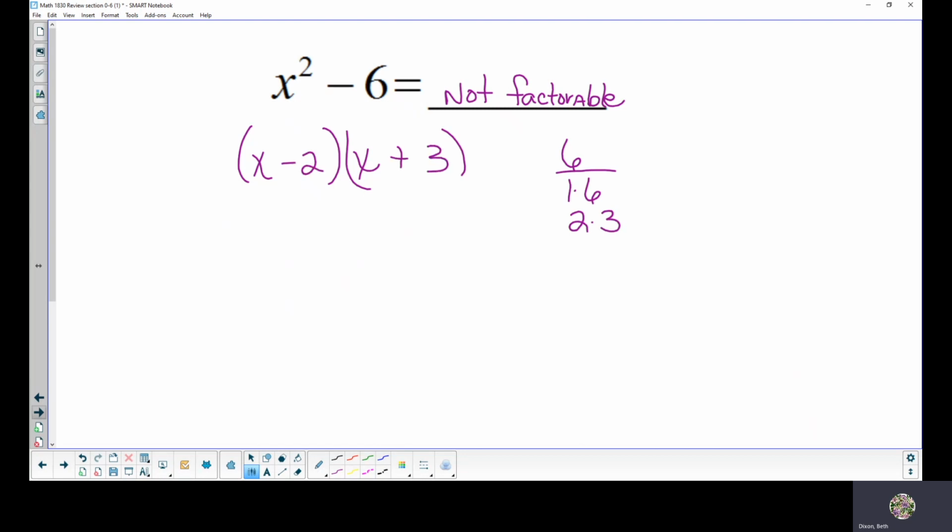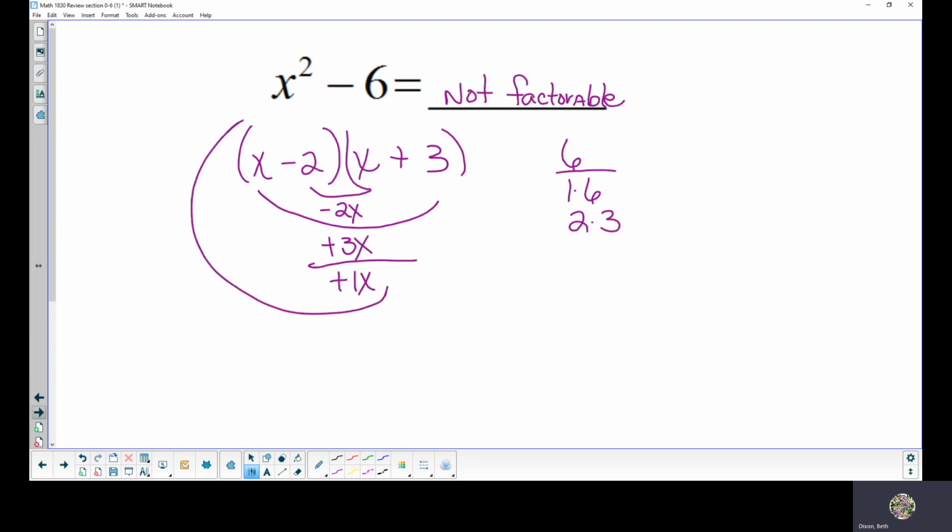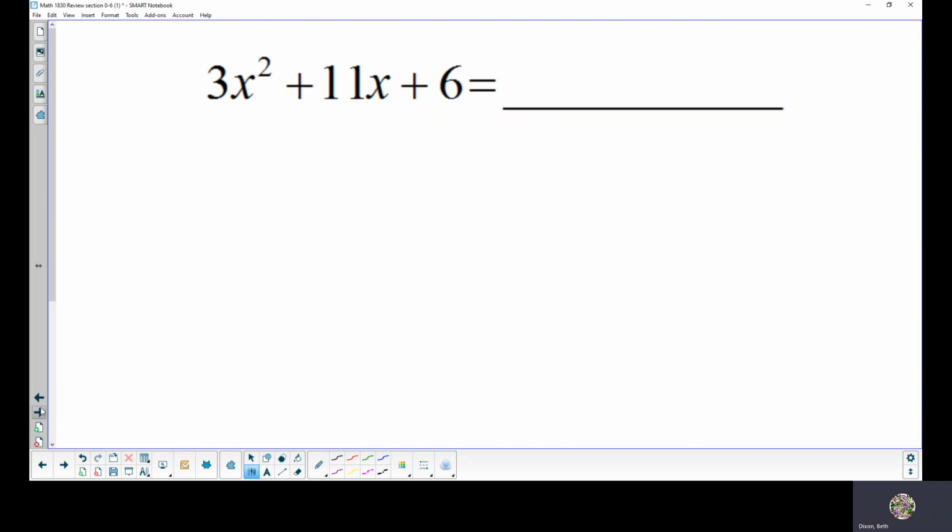Okay, but if I do that, what do I get? I get a minus 2x and a positive 3x, and they do not cancel. They leave me a positive 1x, which does not match. And therefore, it is not factorable. It has to be the difference of two squares.